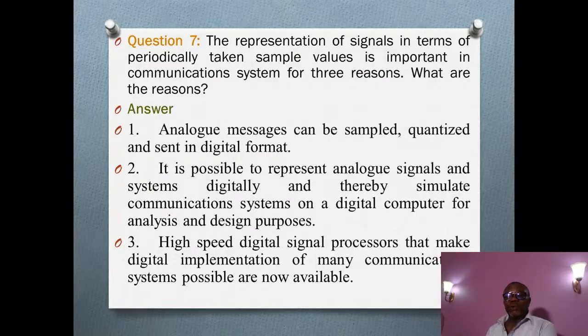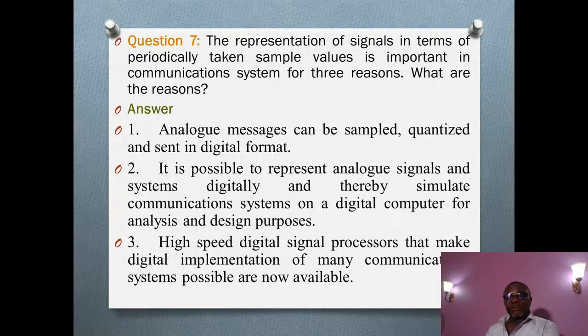When you have done that sampling, you quantize the samples into different bits. When you quantize them into bits, it becomes zeros and ones. And when you have done that, you now send it as digital information, in the form of ones and zeros.